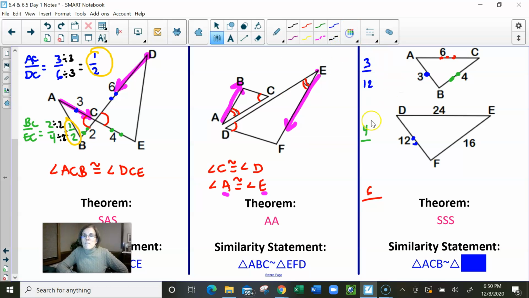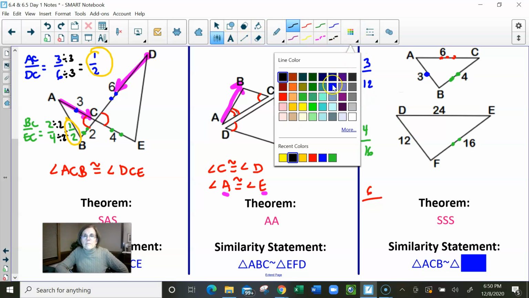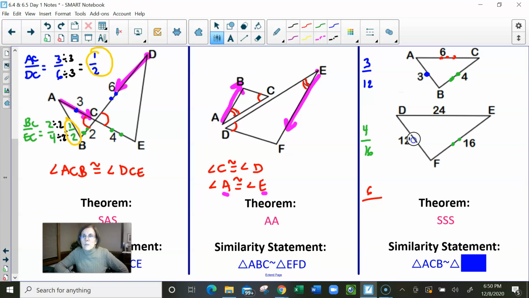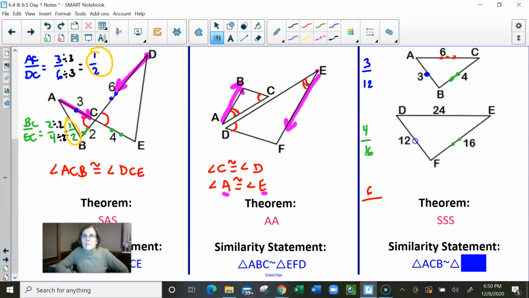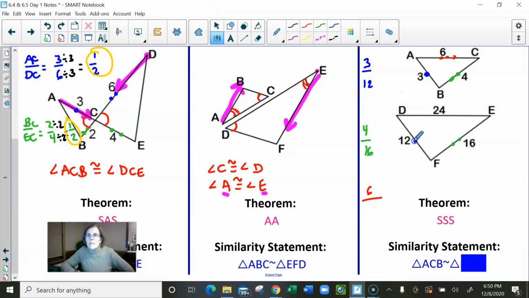So then my 4 is going to correspond to what? The middle sized, which is, whoops, which is going to be 16. I put too many marks on this one, sorry about that. It should only have 1 mark, whoops. There we go.